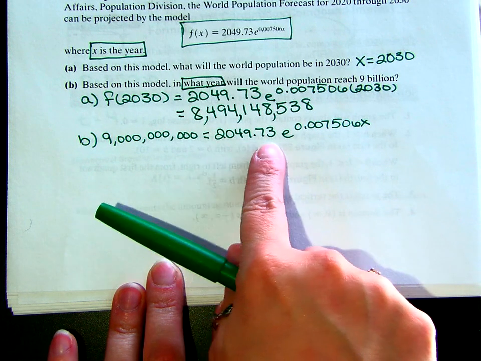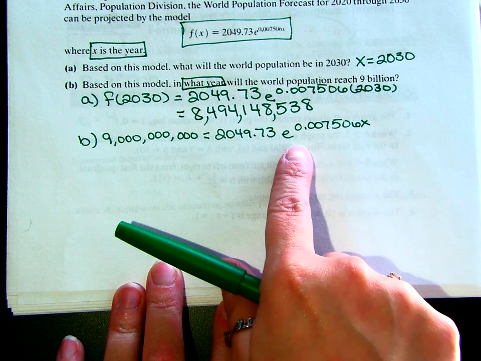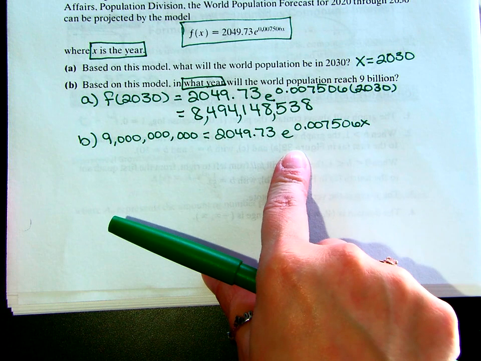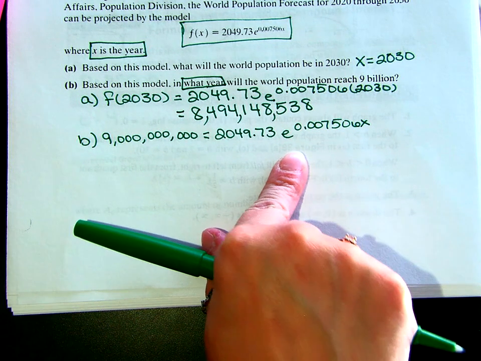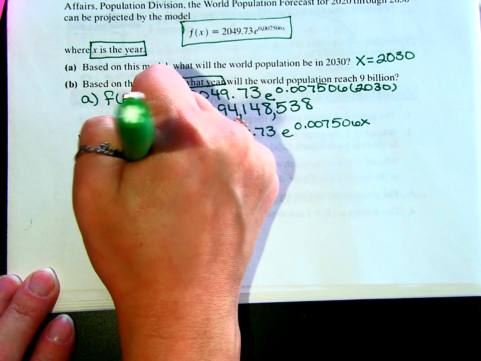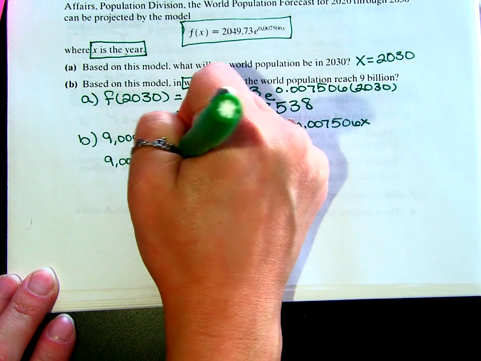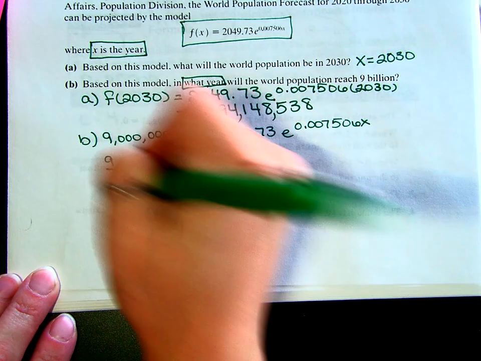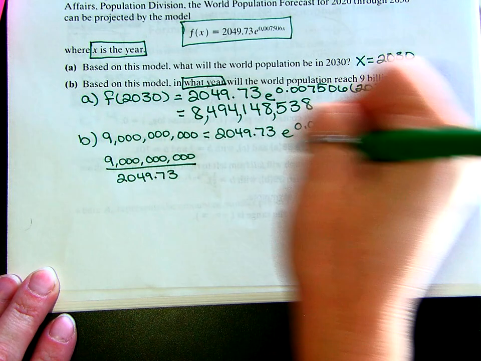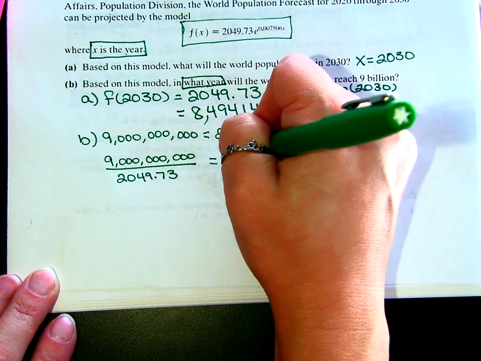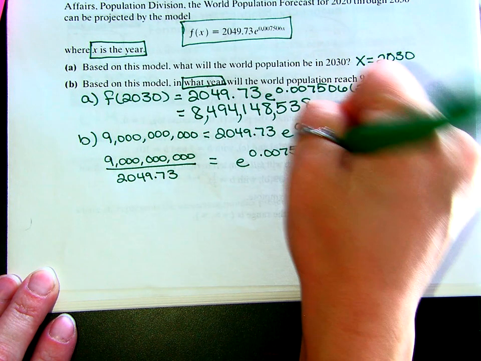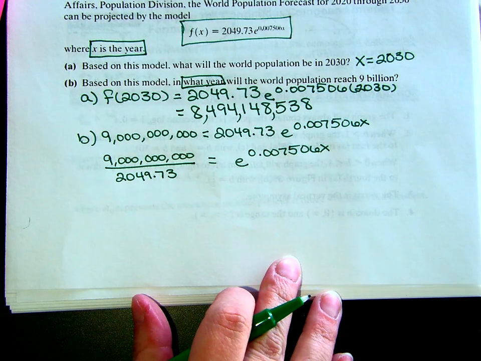Now, don't use your calculator yet. This is where we're going to write it all out. We'd have 9 billion divided by 2049.73 equals e to the 0.007506x. The reason I don't want to type it in is because it's going to give me a decimal, it's going to do some rounding, and I don't want to round until the very last step.